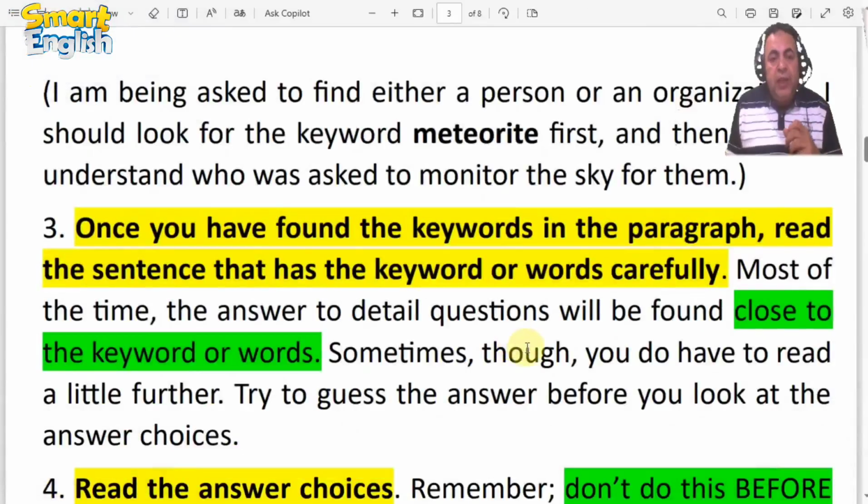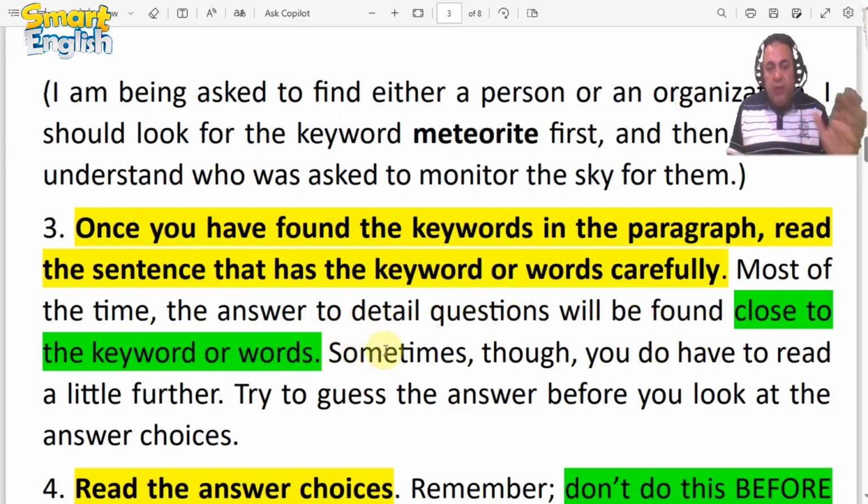Strategy number 3, once you have found the keywords in the paragraph, read the sentence that has the keyword or words carefully, okay? If you immediately find the keyword, you have to put the keyword into context to understand what it is referring to, okay? Most of the time, the answer to a detailed question will be found close to the keyword or keywords.